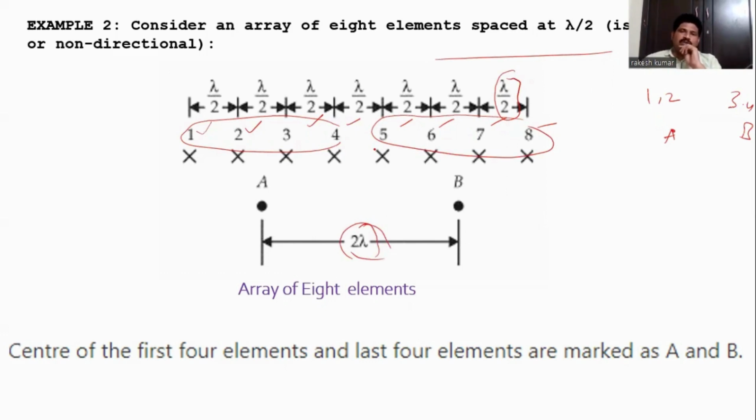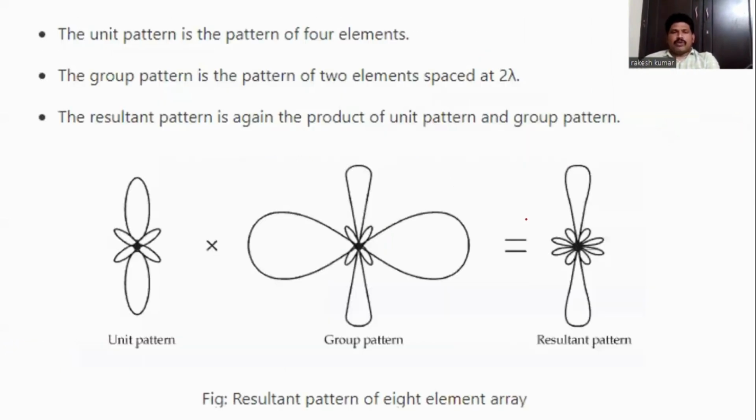Now what should we do? We want to multiply the lambda group pattern with the 2 lambda group pattern. Already you know the pattern for the lambda group. So this is for the lambda group and this is for the 2 lambda group.